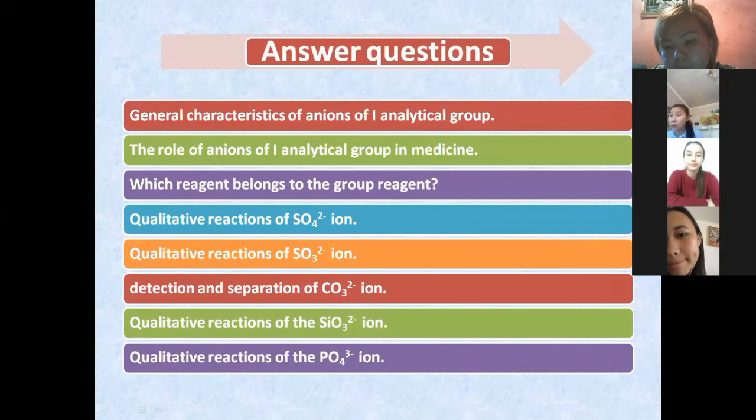In the second and third steps, it behaves like a weak acid. Only phosphates of alkali metals and ammonium are soluble in water, as well as alkali metal dihydrogen phosphates. Extremely well. Okay. Thank you.